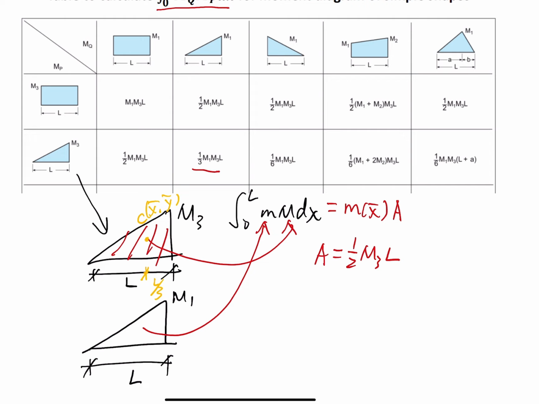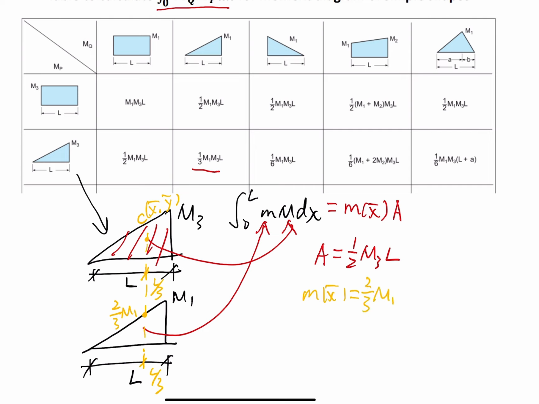The location of the centroid of this triangle from the right-hand side is L/3, so it's 1/3 of L. Then we can find the value over here, which is m x bar. With x bar at location L/3, we can easily calculate the value over here, based on the geometry of these triangles, as 2/3 M1.